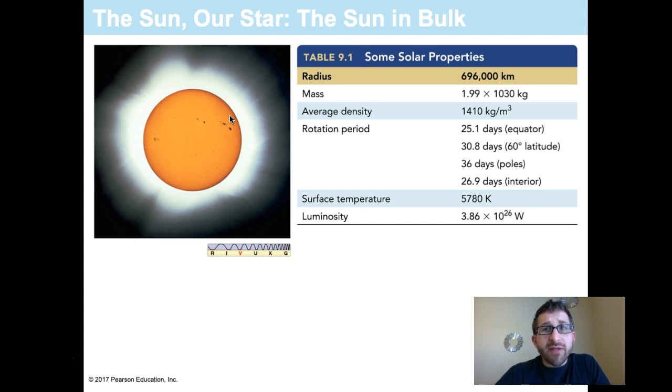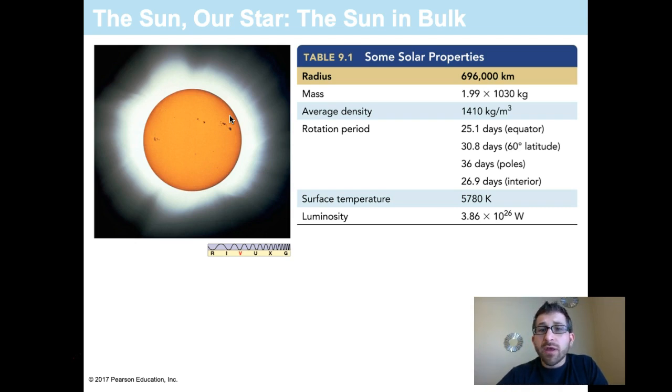Rotational period, it rotates every 25 or so days at the equator, but it rotates more slowly as you go higher up towards the poles, with the poles being a 36-day rotational period. And its surface temperature is about 5,780 Kelvin on average. This is about 10,000 Fahrenheit or so.